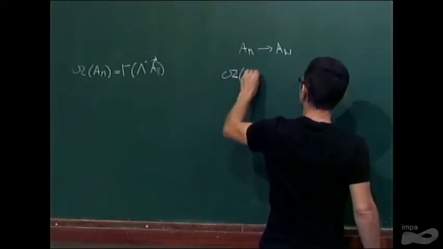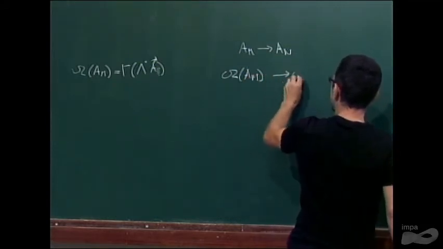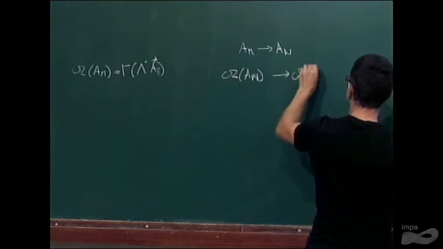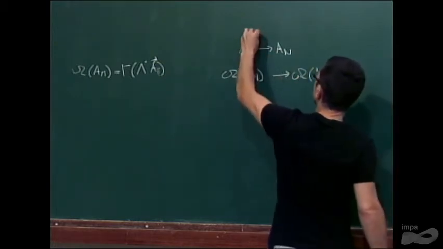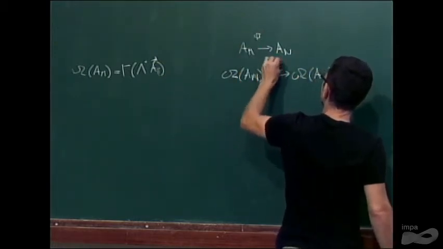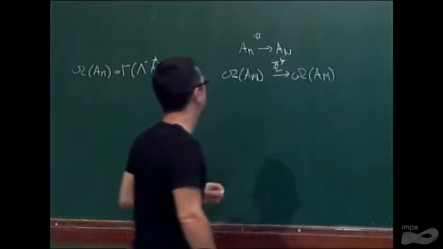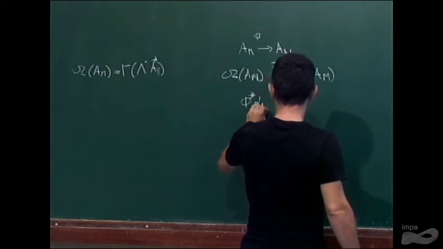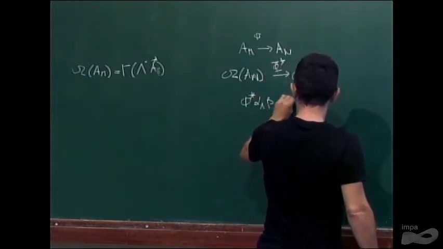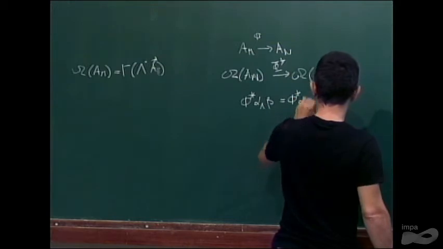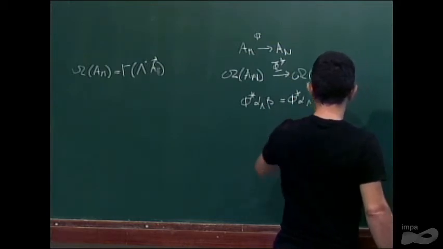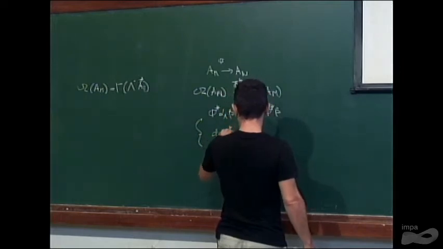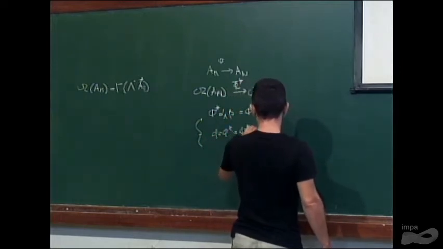This induces a map phi star between the forms. What you require is that phi star of alpha wedge beta is phi star alpha wedge phi star beta, and d phi star is phi star composed with d.